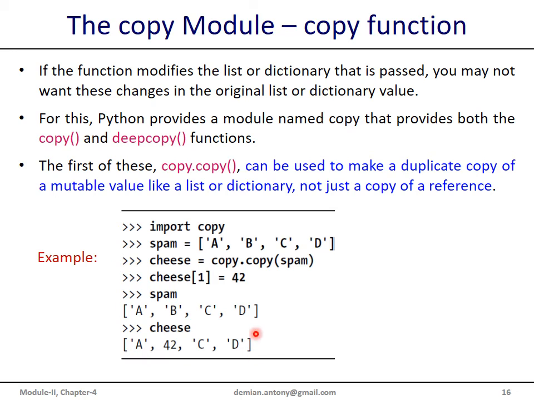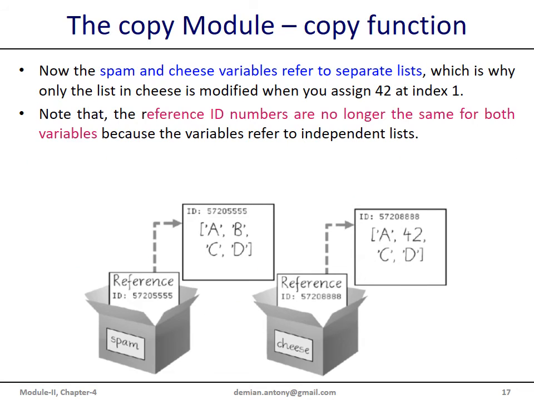You can see cheese is modified with the new value at location 1, and spam still has the same old value, that is B. This is the pictorial representation of the copy function of the copy module.